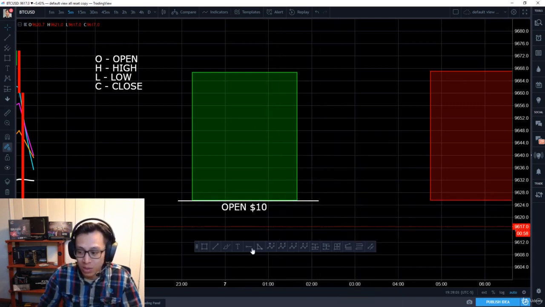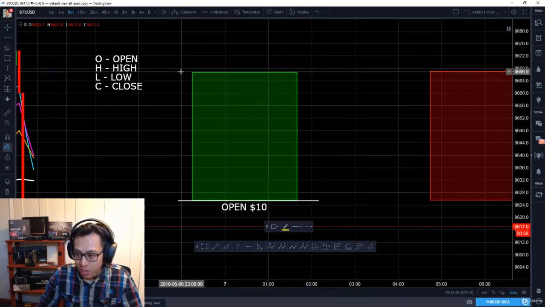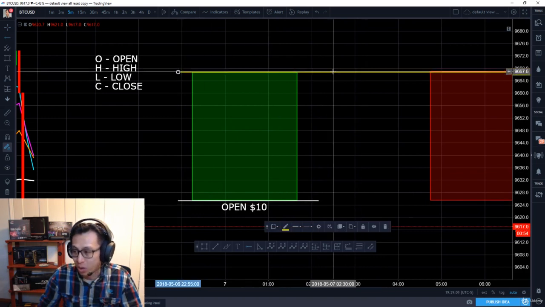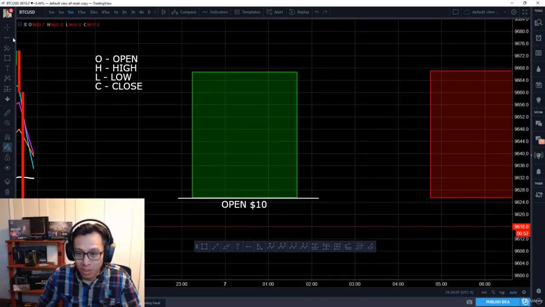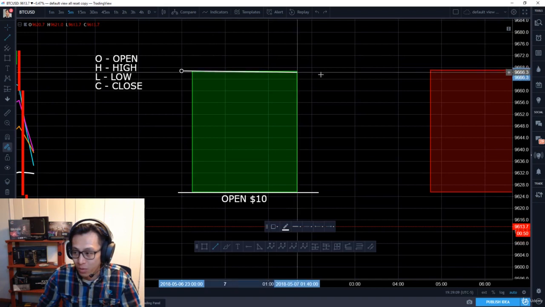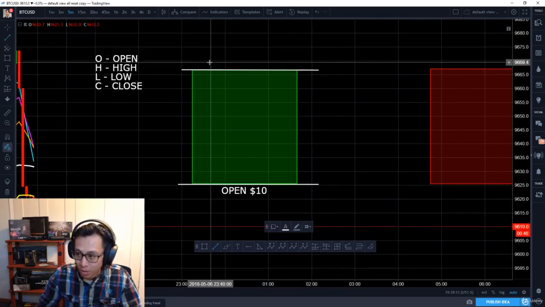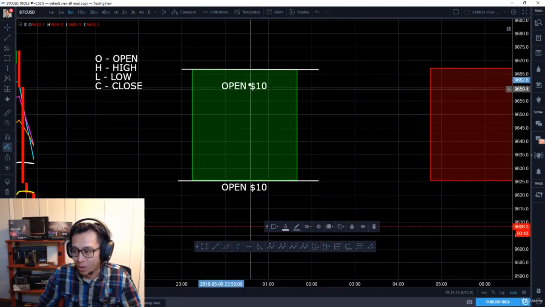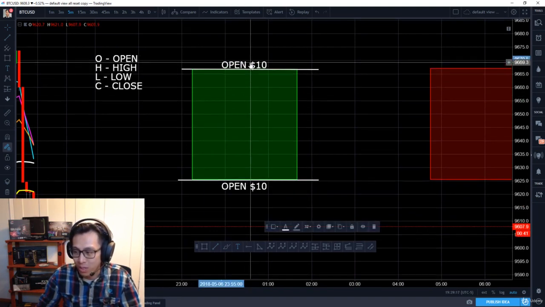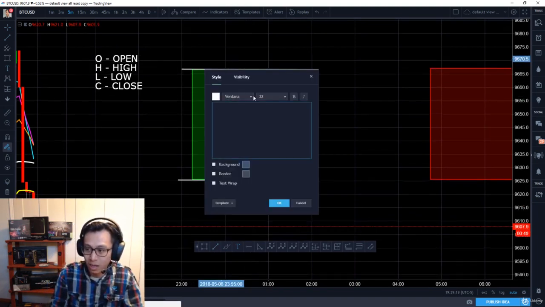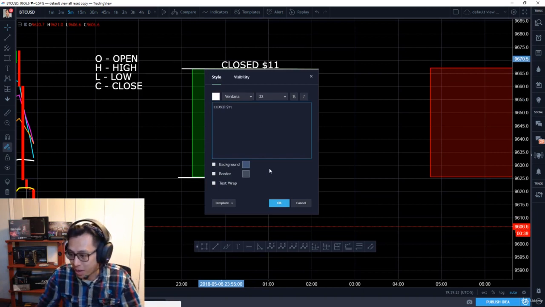So what do you guys think the close would be? Let's just pretend here that this is $11, okay? Right here is $11. Do you guys think that this would be the close? Yeah, it would be the close, okay? So if that was $10 here, we'll just pretend that this one here closed at $11, okay? Just like that.